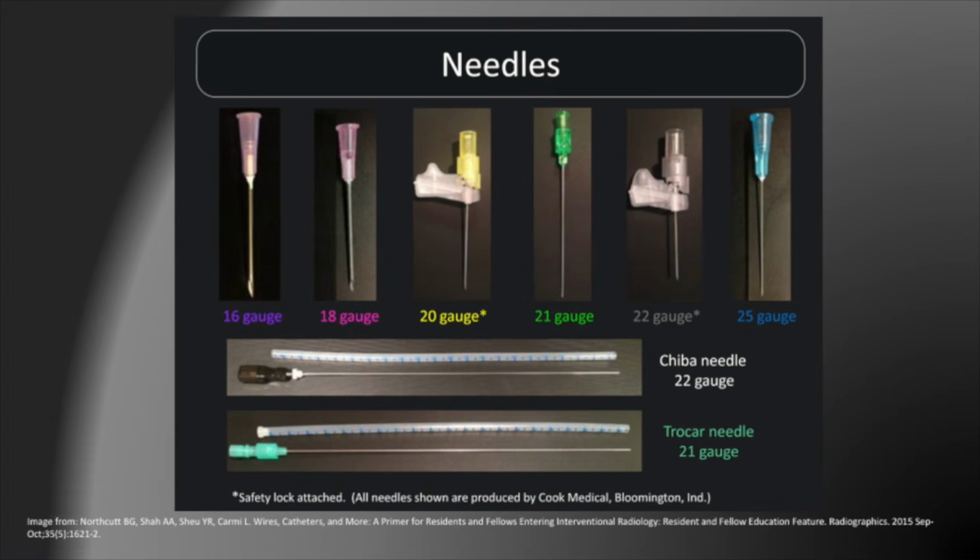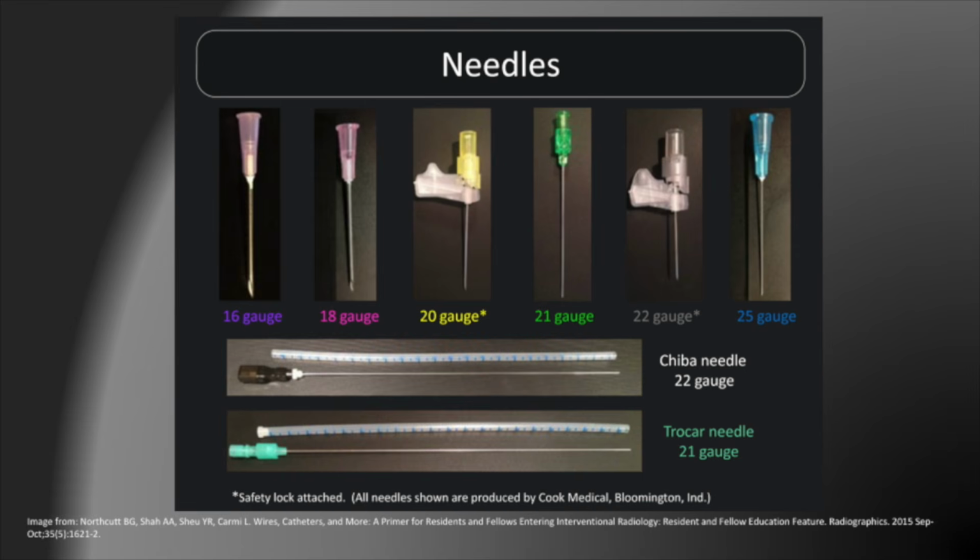So here is an example of other needles with a slide taken from a radiographics article. As you can see, needles with a different gauge have different coloring schemes. I wouldn't memorize this coloring scheme because it can vary by institution. An example of other needles such as seen here is the 21 gauge needle in the middle, which is in green.